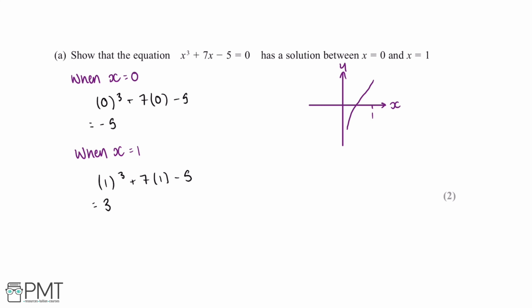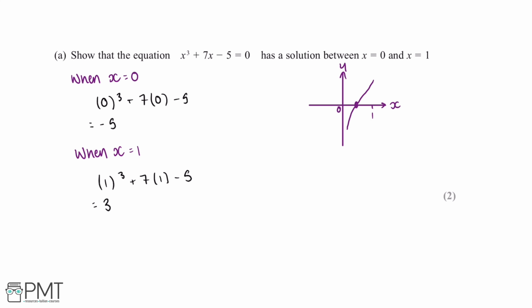And the solution for this equation would be here. And we can see this value is between 0 and 1. So therefore, because one of these values is negative and one of these values is positive, this solution lies between x equals 0 and x equals 1.